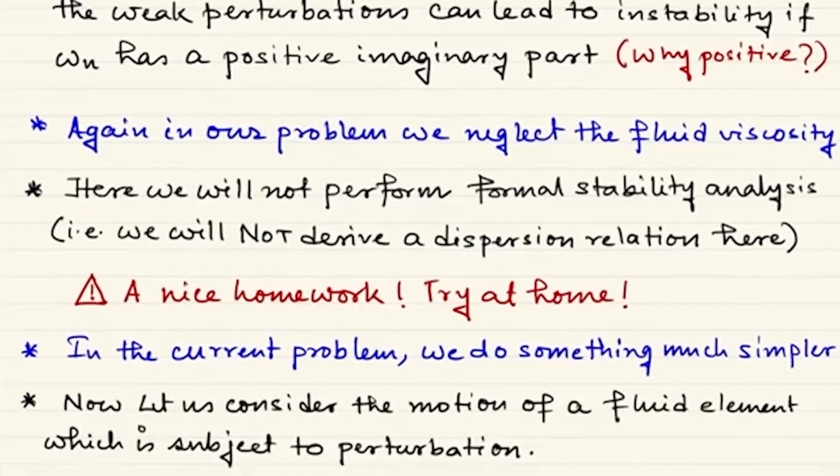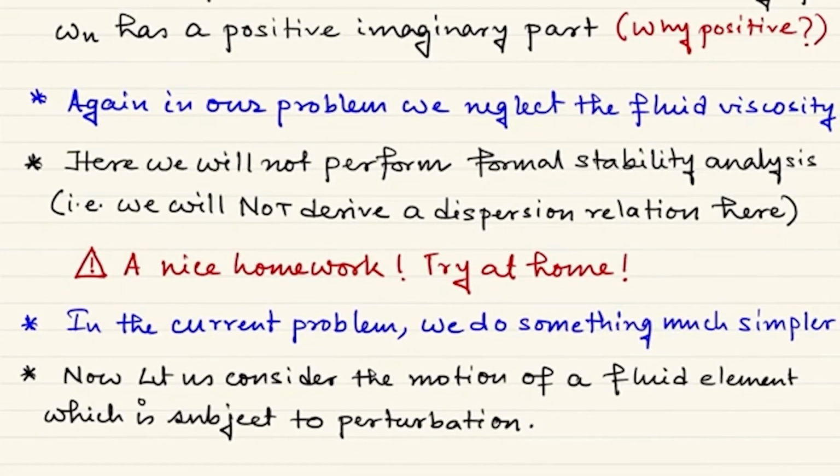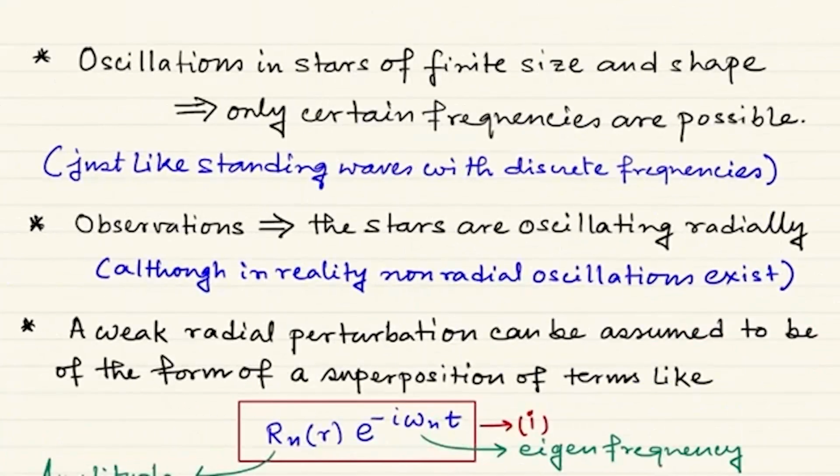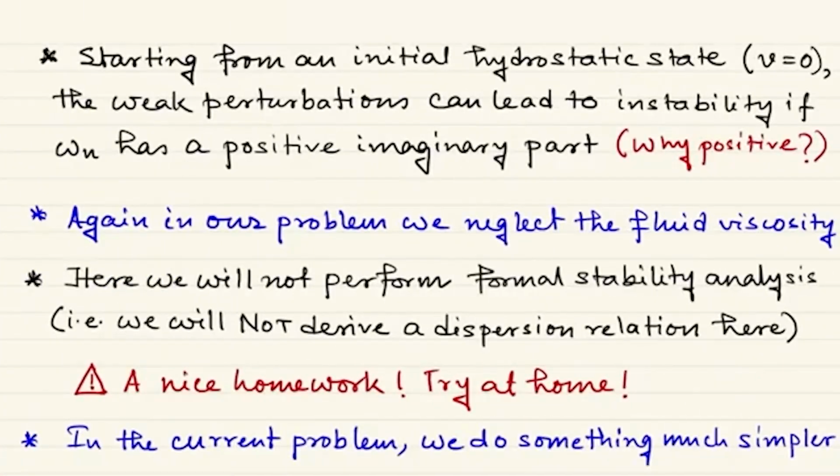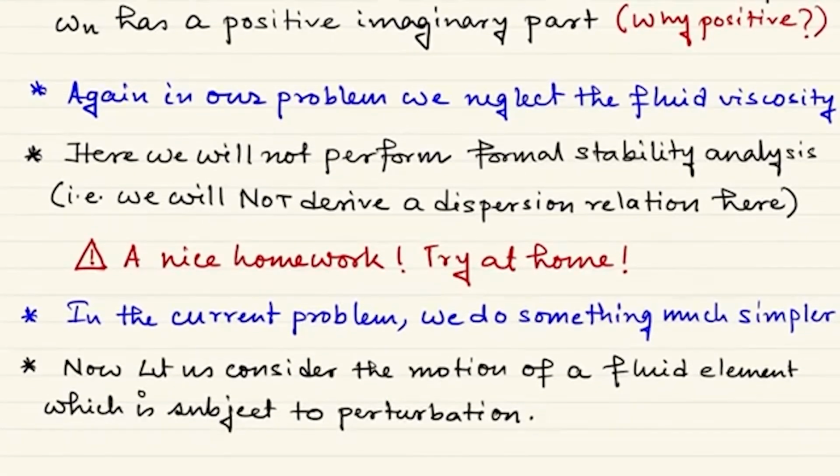So that's exactly what I was just saying a second ago: in our case we will not perform a formal stability analysis and we will not derive a dispersion relation here, although you can start from this equation and check what the wave modes or the dispersion relation should look like. This is a nice homework, so I request you to try at home.